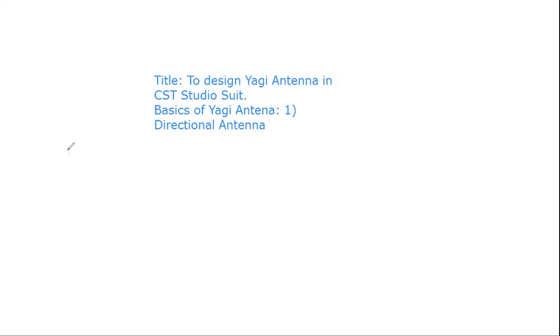If this is an antenna and it radiates the power in all directions, then this is called an omnidirectional antenna. An omnidirectional antenna is an antenna which radiates the power in all possible directions, while a directional antenna will radiate the power in a specific direction.